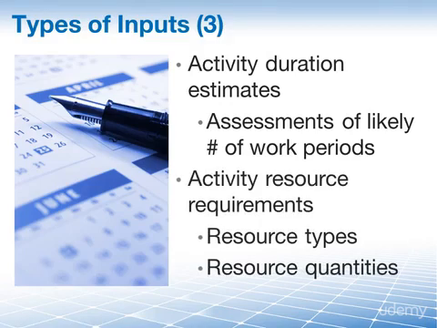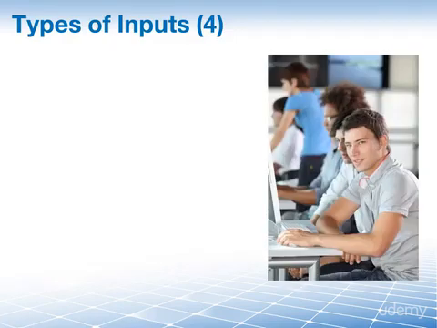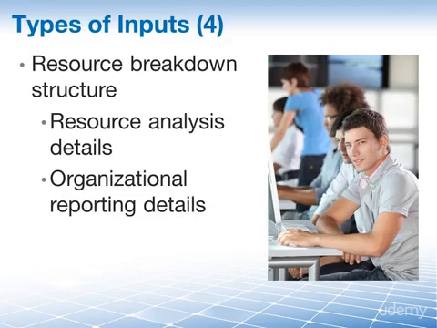Then we have the activity resource requirements. They identify the types and quantities of resources required for each activity and are used to create the project schedule model. For example, we need 200 meters of cable for activity A and 3 trucks for activity B. The resource breakdown structure is next.